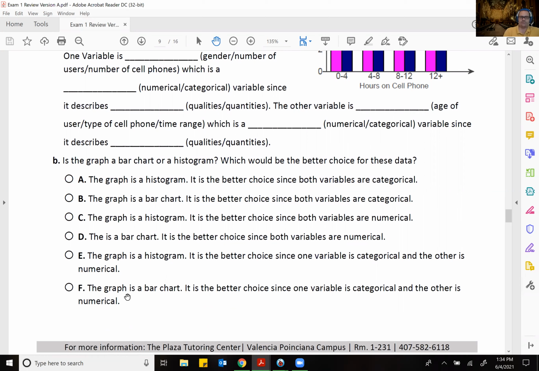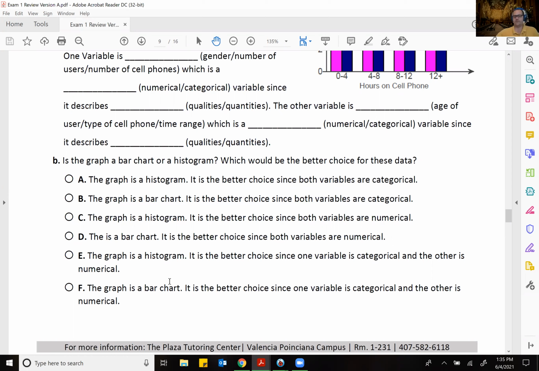So that means I have three answers here. The graph is a bar chart. It is the better choice since both variables are categorical. It is a bar chart. It is a better choice since both variables are numerical. It is a bar chart. It is the better choice since one variable is categorical and the other is numerical.